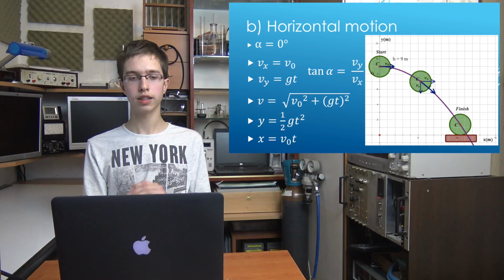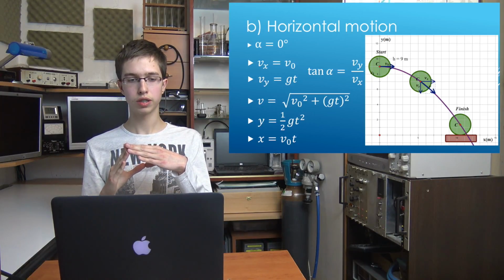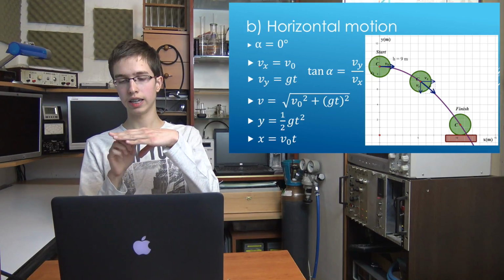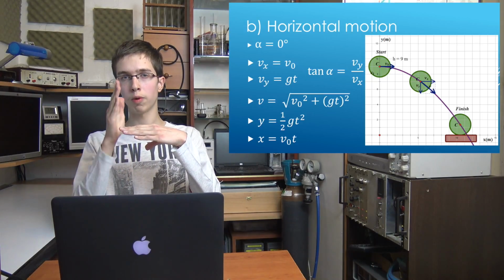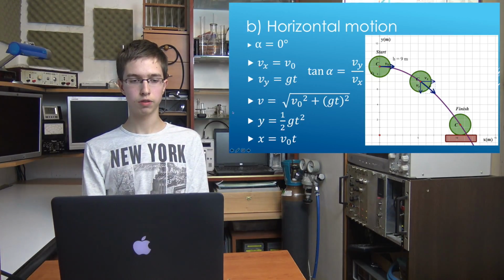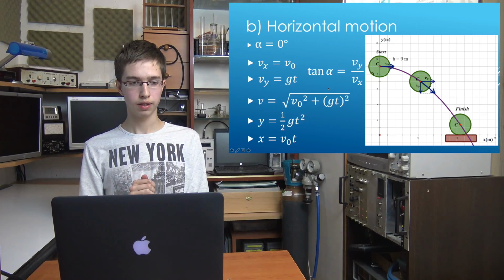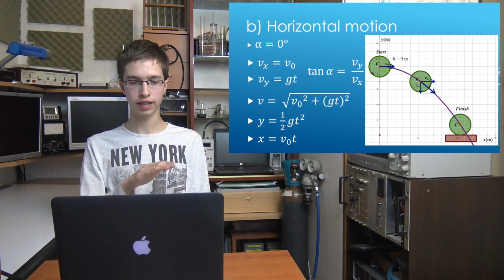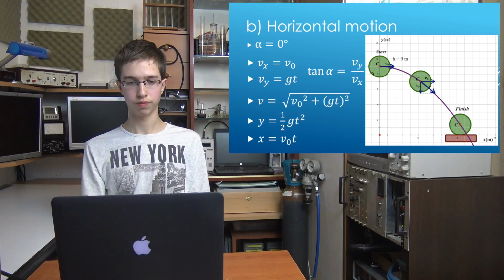And from the right-angled triangle we can see these relations, such as that tangent alpha is v in y direction divided by velocity in x direction, and after the Pythagorean theorem we get this one formula, the third one, and the last two are y and x, which are the distance of the body from the starting point in y-axis and x-axis direction.